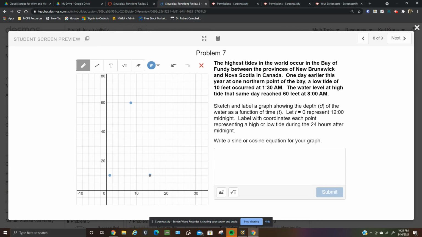So 14.5 and 13 would be 27.5. Be about right here.